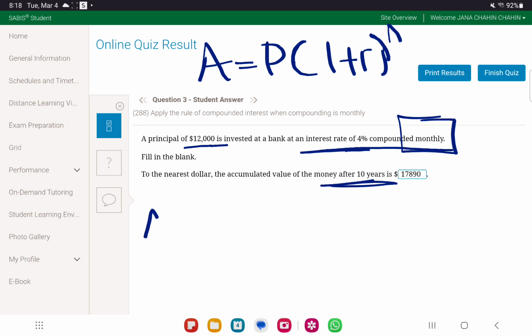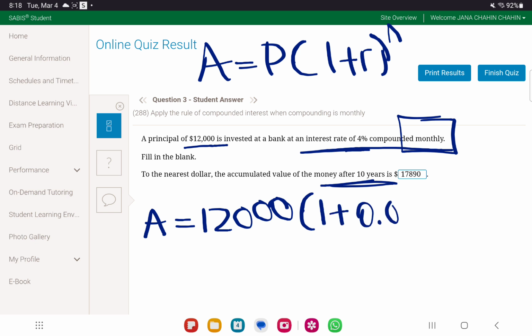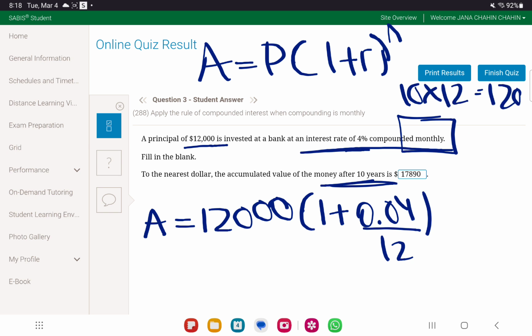So A equals, we said the principal is 12,000, times (1 plus 0.04 over 12), and then 10 times 12, isn't it 120? It's simple math, you don't need a calculator for it. So 120.